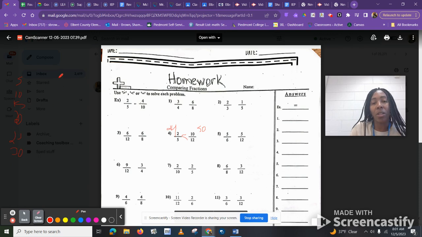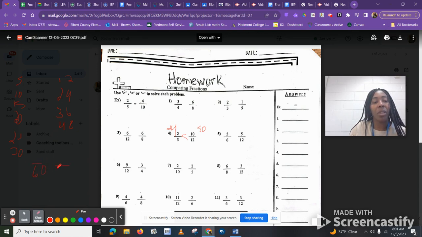So I know there's nothing I can do by 12 that's going to get me any of these. 12, 24, 36, 48. Yeah, it's not going to be until I get to 60 that I'm going to have something incoming over here. So it is going to be 60. So 12 times 5 is 60. So 60 would be my LCD, or my least common denominator.